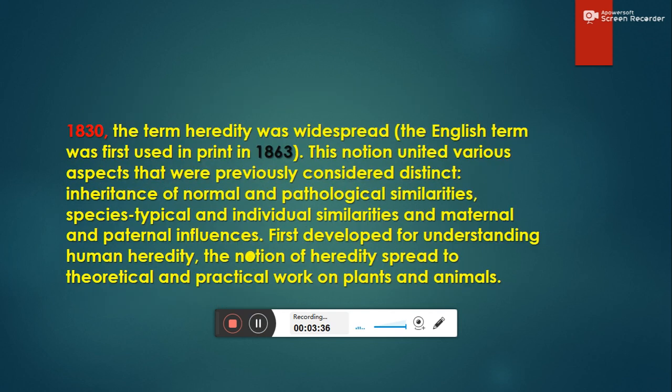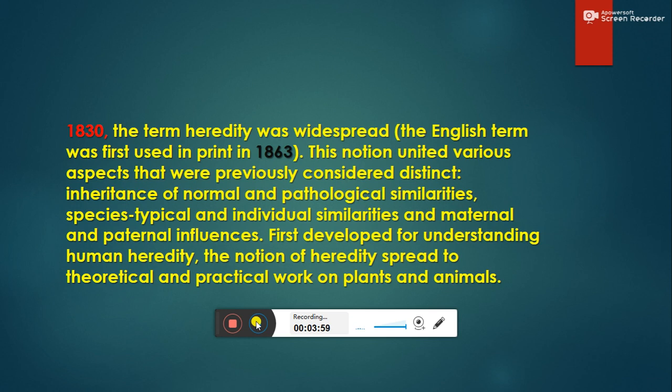In 1830, the term heredity was widespread. The English term was first used in print in 1863. This notion means that the word heredity united various aspects that were previously considered separately.